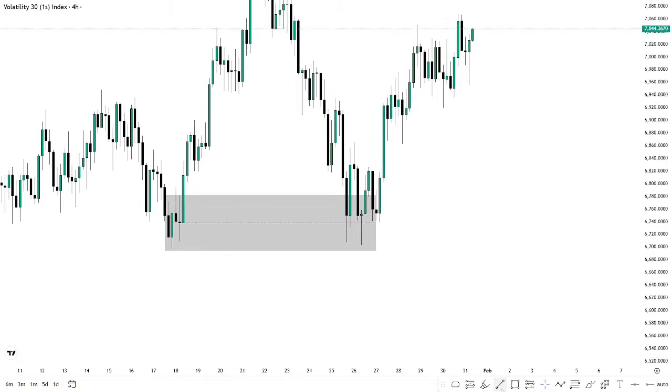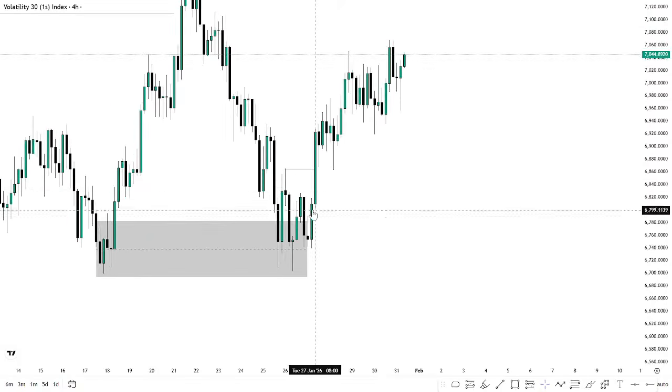We had a change of character to the upside. Market created this fair value gap. We came back and just picked into the fair value gap, and we had another break of structure.